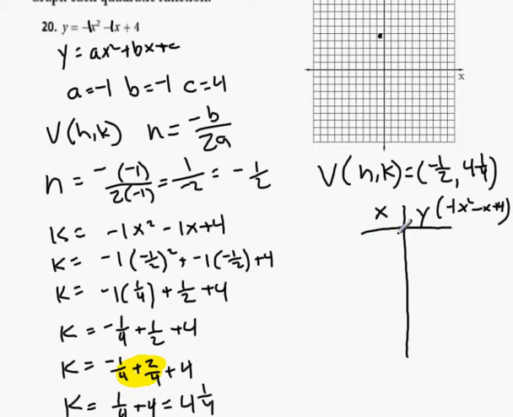So let's select some x's. If I said x was -2, so let's plug this in. We have -1 times -2 squared minus a -2 plus 4.